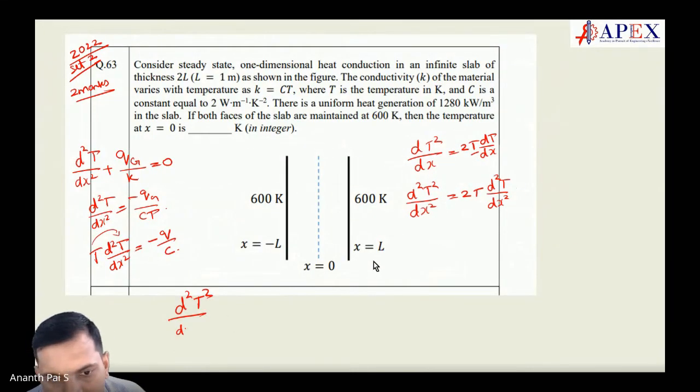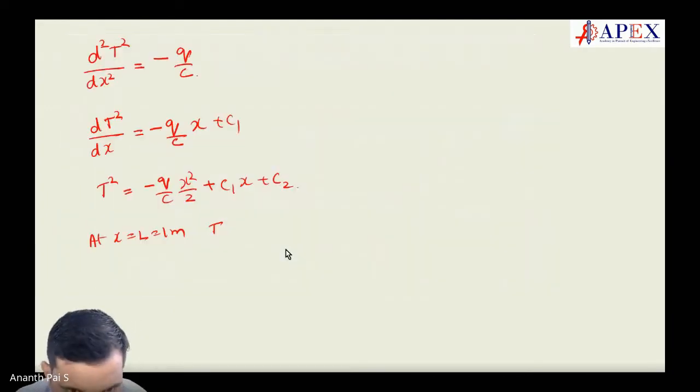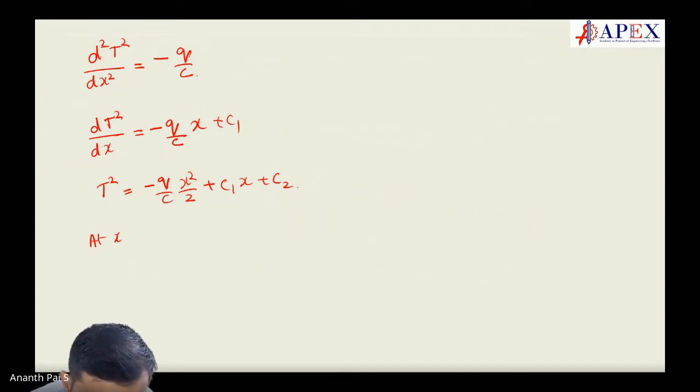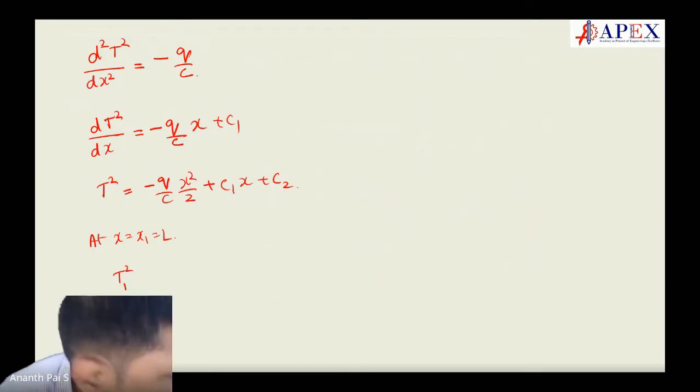This is x is equal to x1, and let us say this is what two things we'll write and we will get it. So at x is equal to x1 is equal to L, we'll get it as T1 square. Apply that and find C1 and C2.